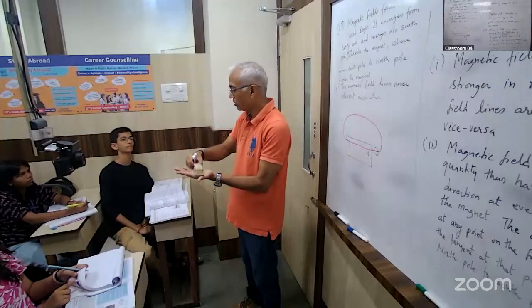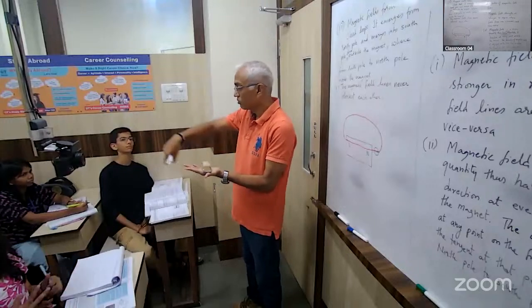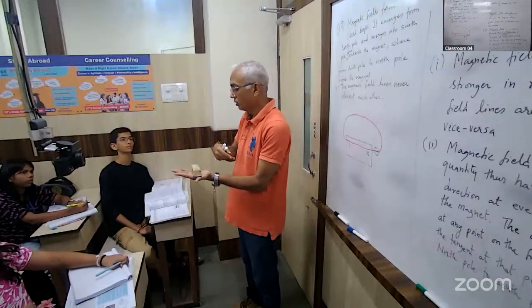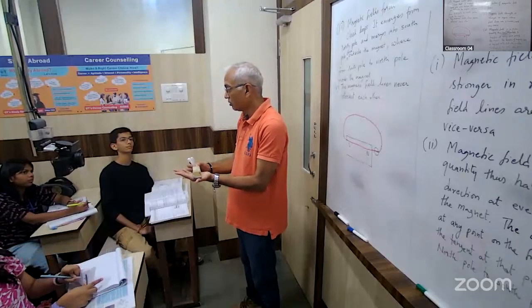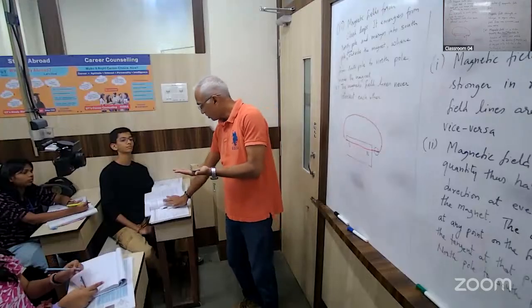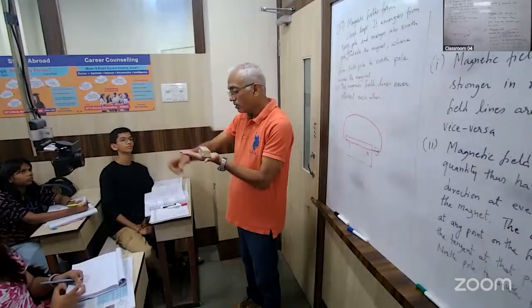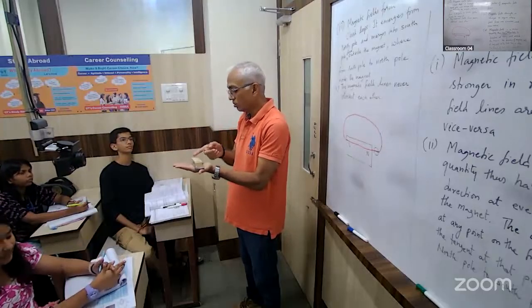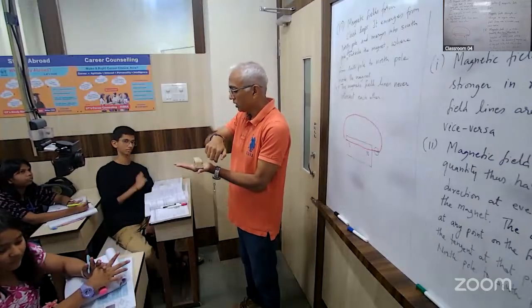Now change the position. You will have another line. So wherever you keep changing the position, you will have so many lines above and below. What I'm saying is, you can't insert the compass into the magnet. So the chart paper is just one plane. Magnetic field lines are in 360 degree space. It is also from here to here, everywhere.